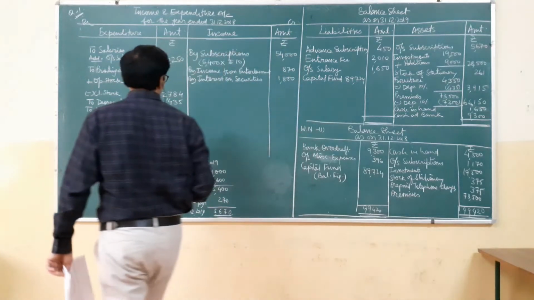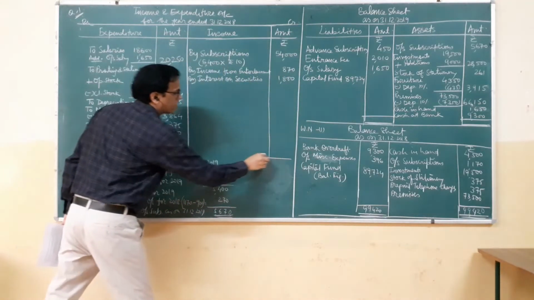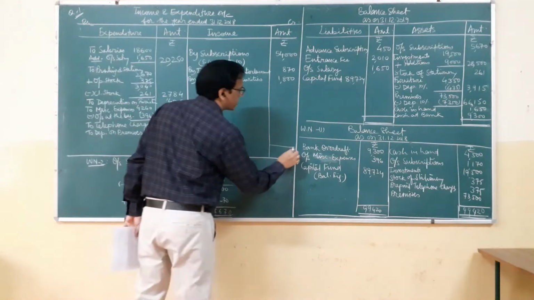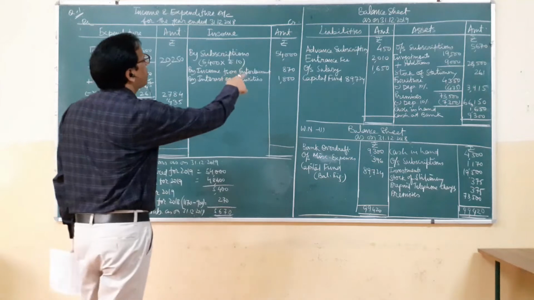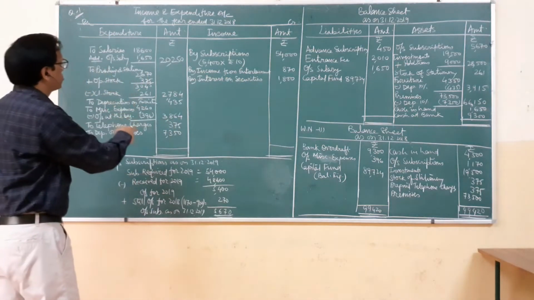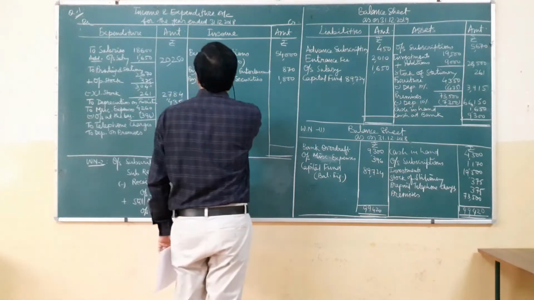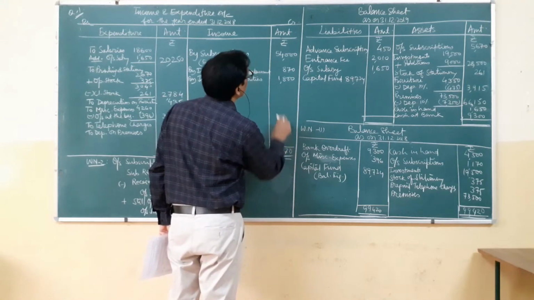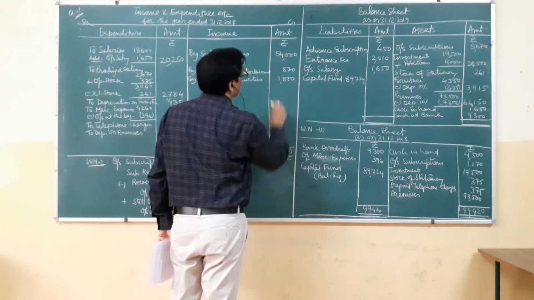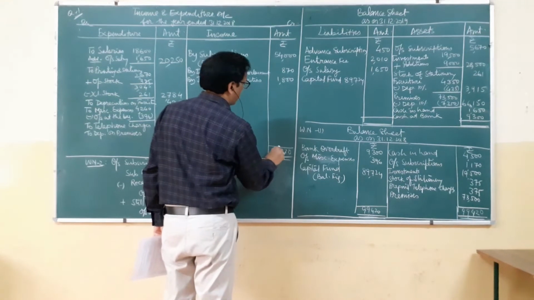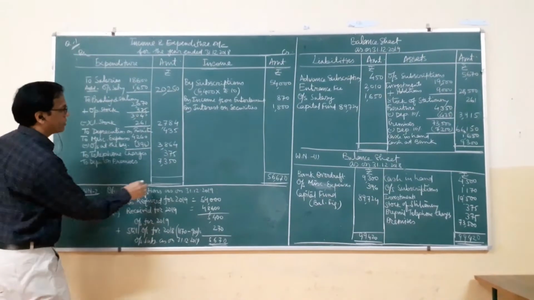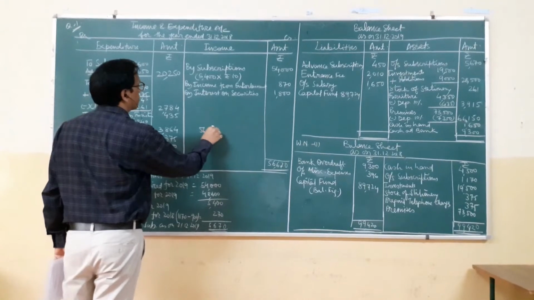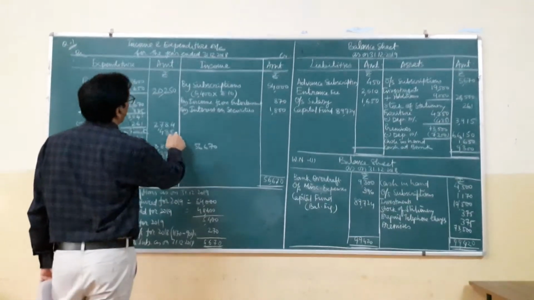Then we will check surplus or deficit. So let us see which side's total is more. This side, debit, is showing a less total, so we put the credit side total. 56,617 is showing here. So we will check the total of this side.